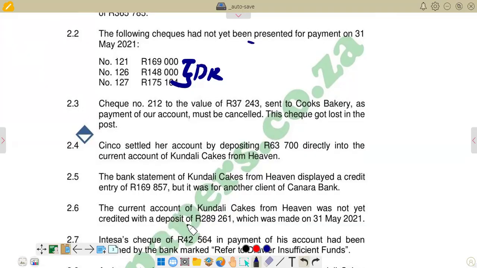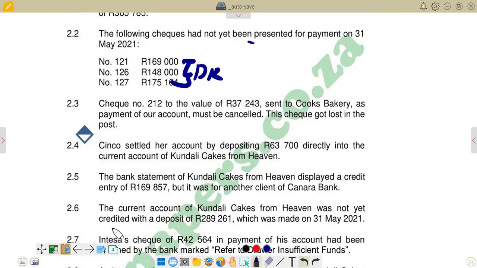So in that case, if it doesn't have any problem, it means we are going to enter it. The explanation is actually highlighting that this transaction was supposed to be deposited, but it's not yet deposited. So it means along the way it's going to be deposited. So we are going to enter it now on the credit side of the bank statement as 289,261. So it's just an outstanding deposit.